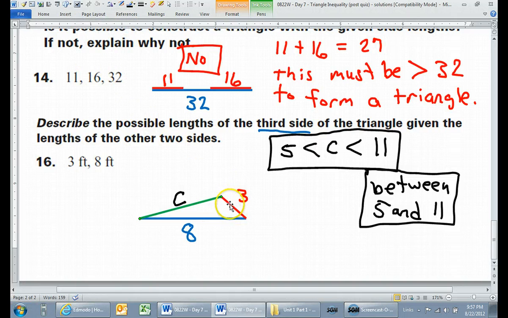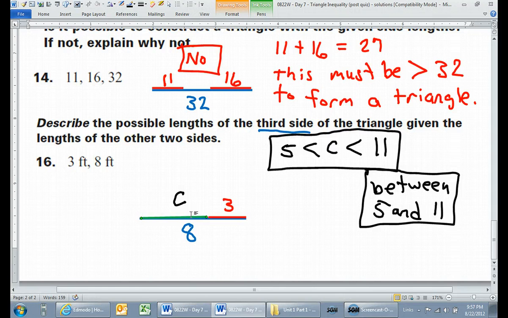We're going to get that lower limit because this third side gets smaller and smaller as this becomes closer to being flat. So if I put this side of length 3 all the way down like that, that makes this side C as small as it could possibly be.